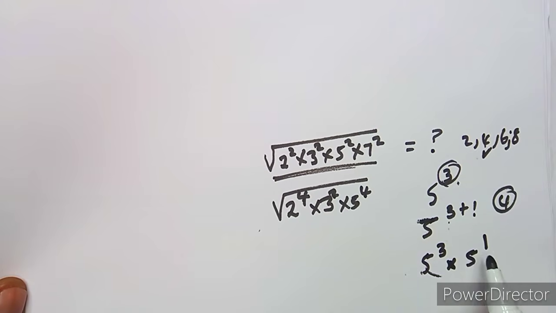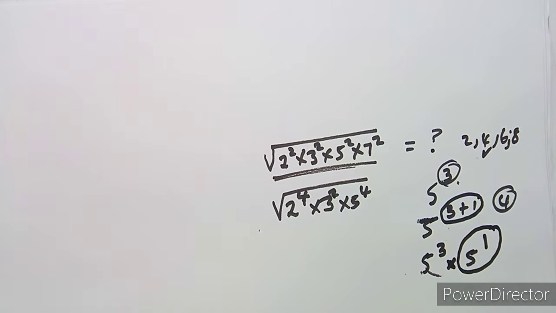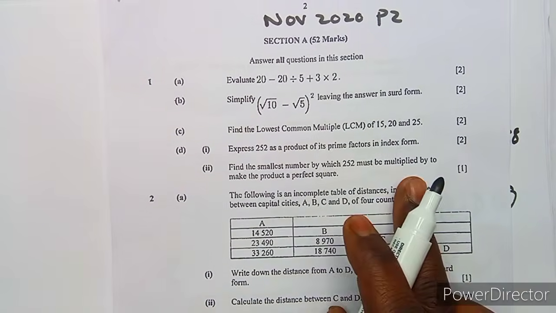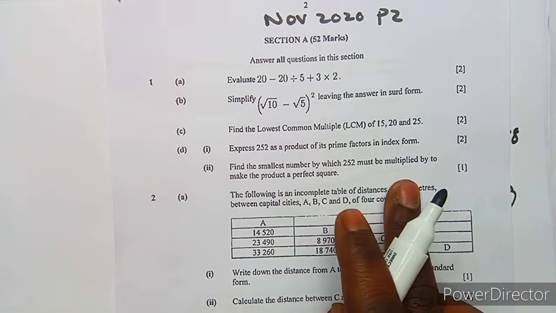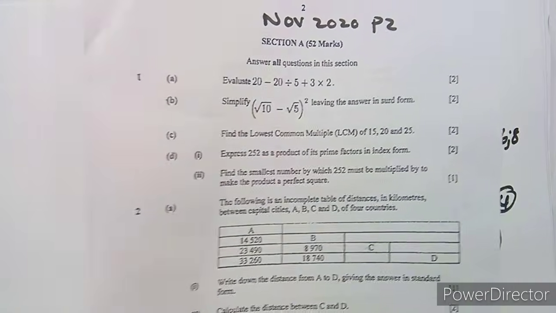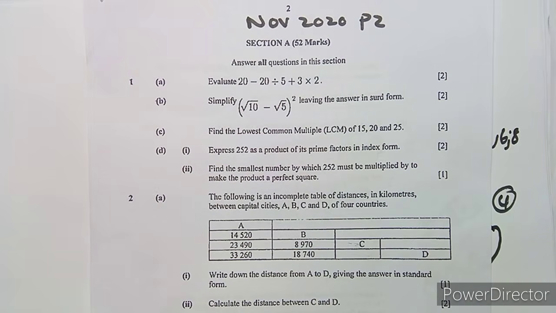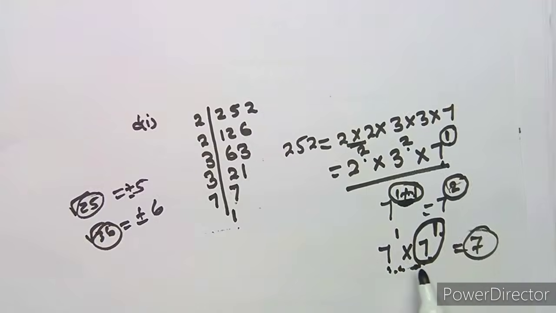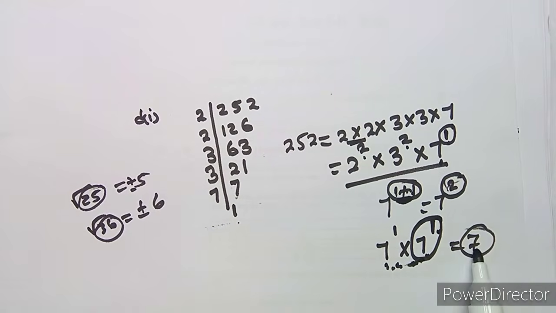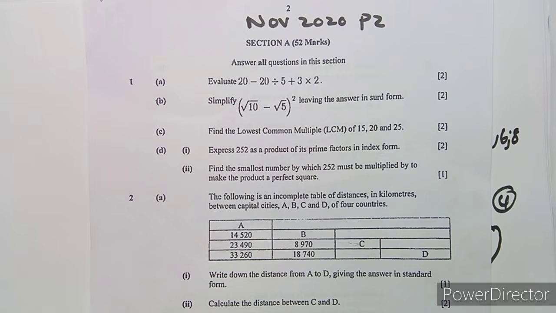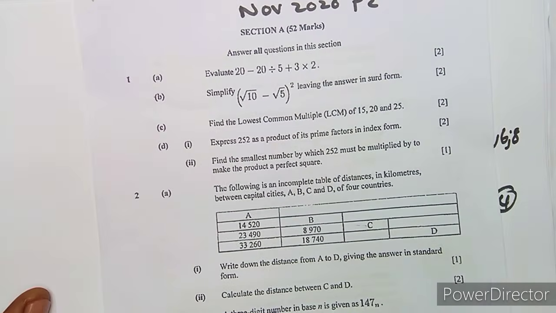This is what you are multiplying. So you are not focusing on the exponents you are multiplying, you are focusing on the number that you multiplied. We are talking of the smallest number that you multiplied, that must be multiplied to make a product. So that is why you see I ended up taking the number which is 7 to the exponent of 1, which is 7. So that's it. I don't know if you understand what I'm saying, but that's the concept there.